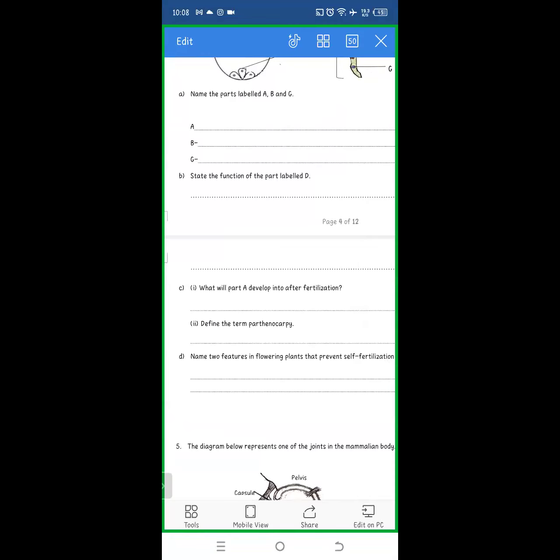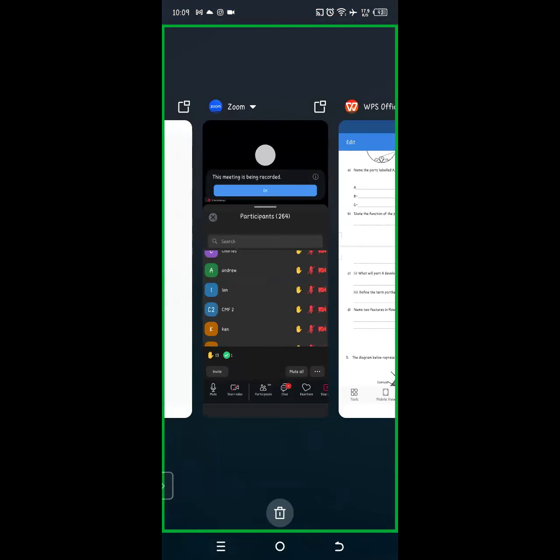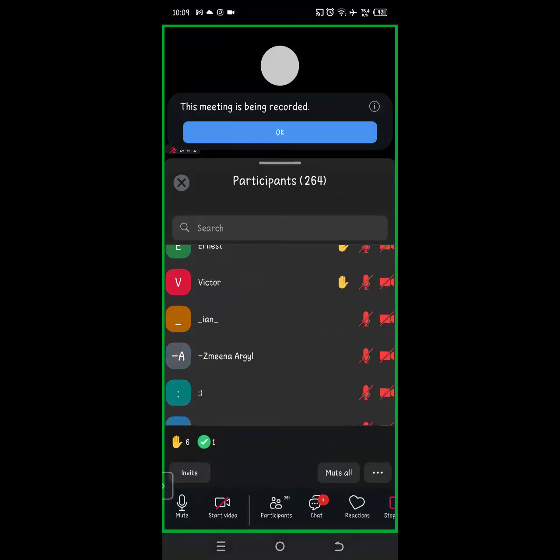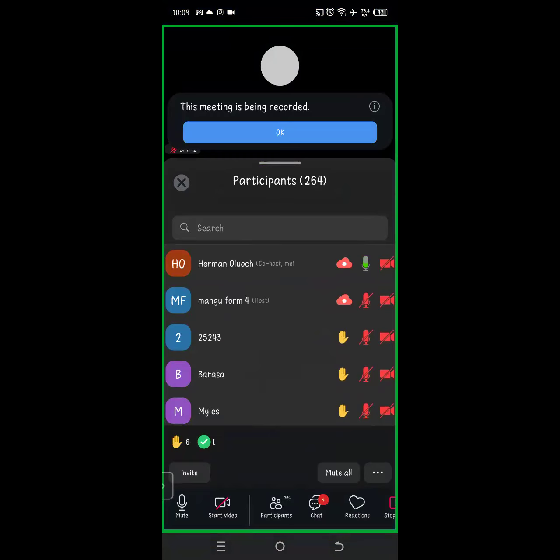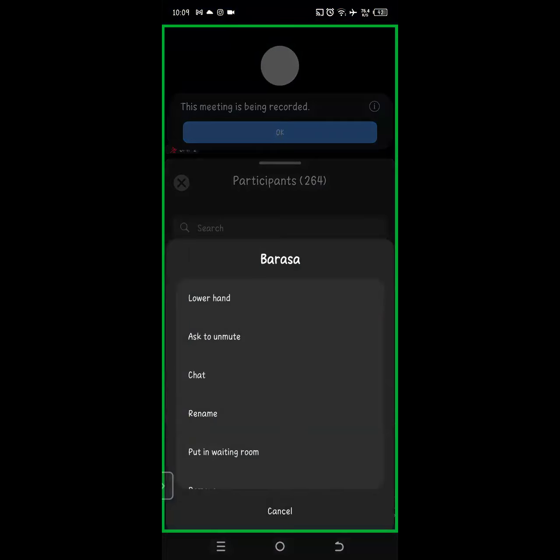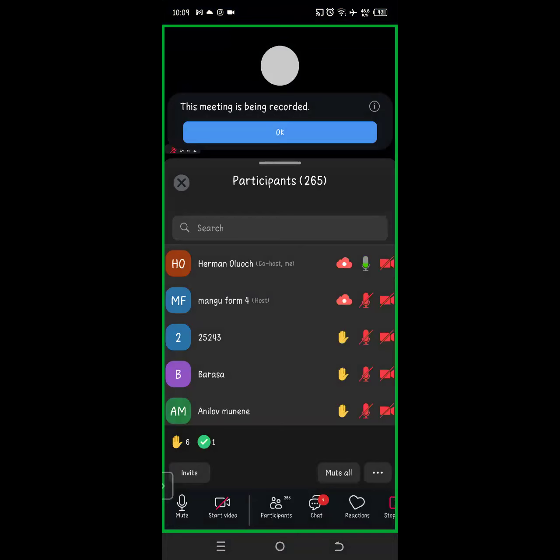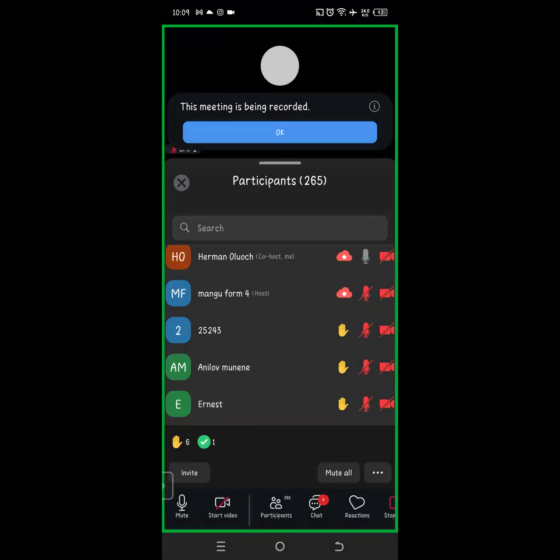We also have another similar term used in animals that refers to development of an organism or an animal without the process of fertilization. How do we refer to that term? So in plants, we call this parthenocarpy. How do we refer to that in animals? Yes, we can see Baraza. Baraza, kindly unmute and speak.